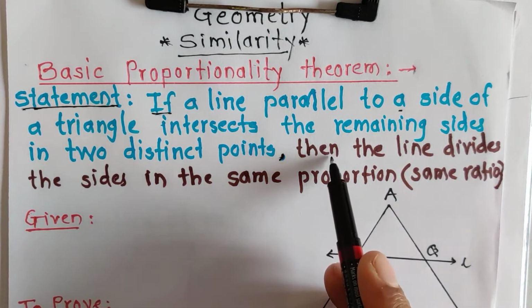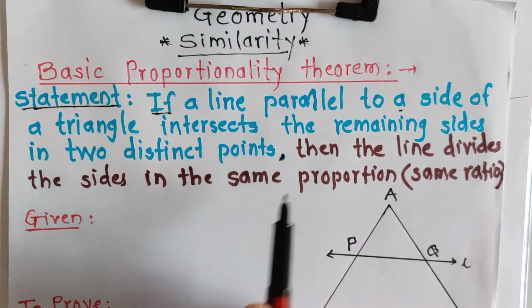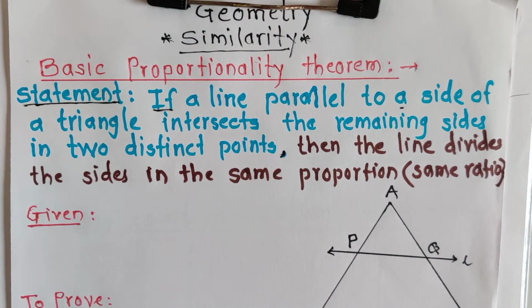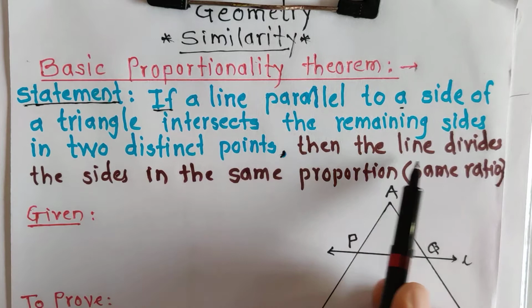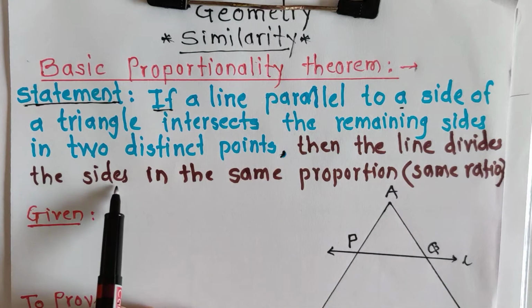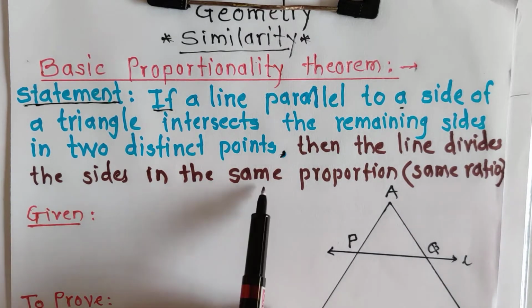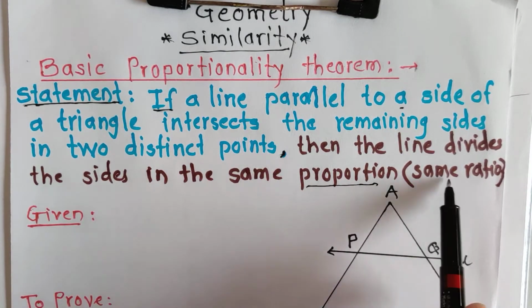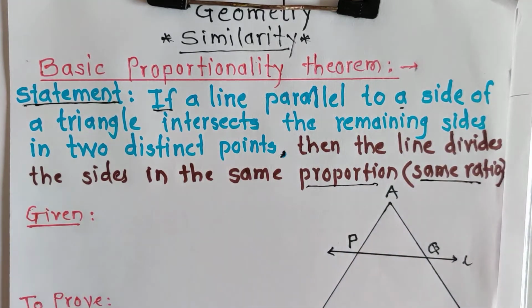Then what we have to prove? The statement after 'then' is called 'to prove'. Then the line divides the remaining sides, means two sides, in the same ratio or same proportion. Same proportion means divide in the same ratio. That is the basic proportionality theorem. Is it clear?